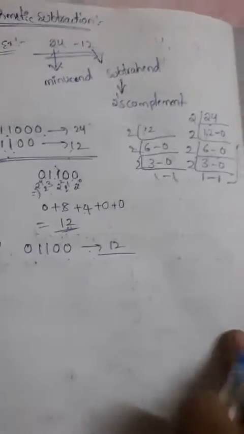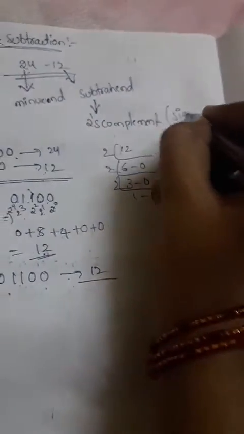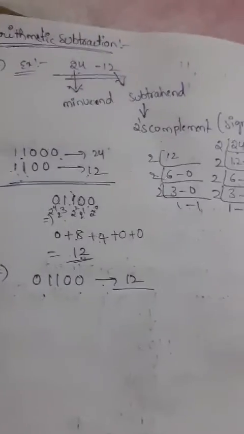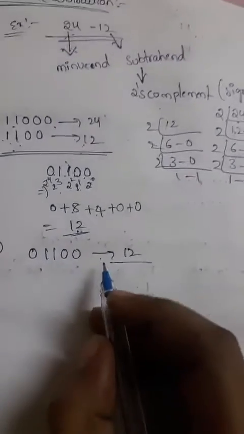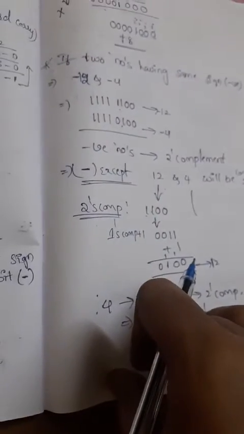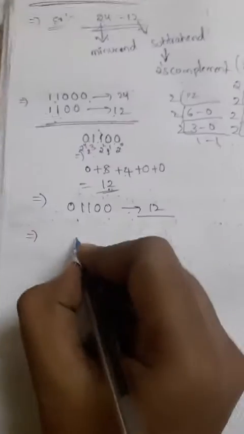How to represent the 2's complement? With a signed number, including the sign bit. The same steps we follow in arithmetic addition, the same procedure will be followed in arithmetic subtraction also.